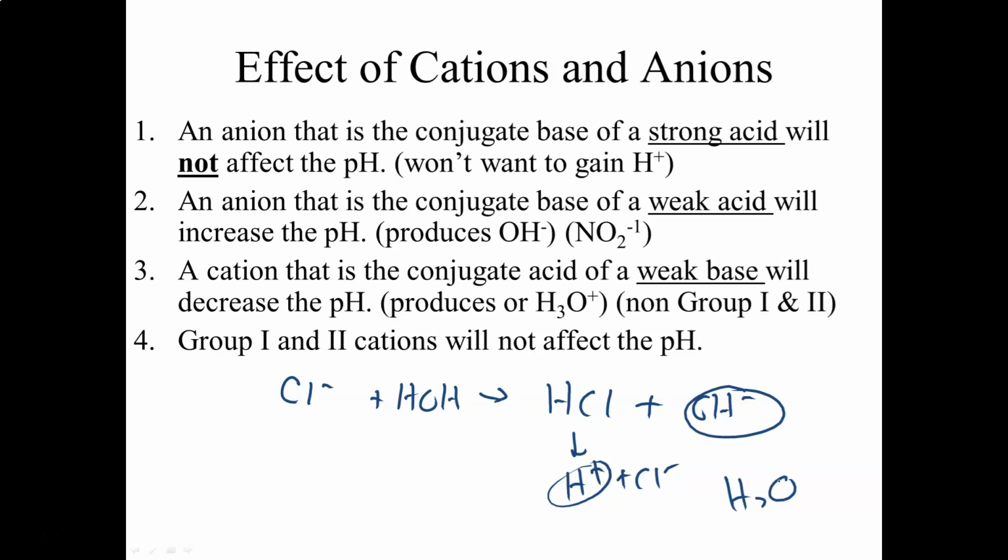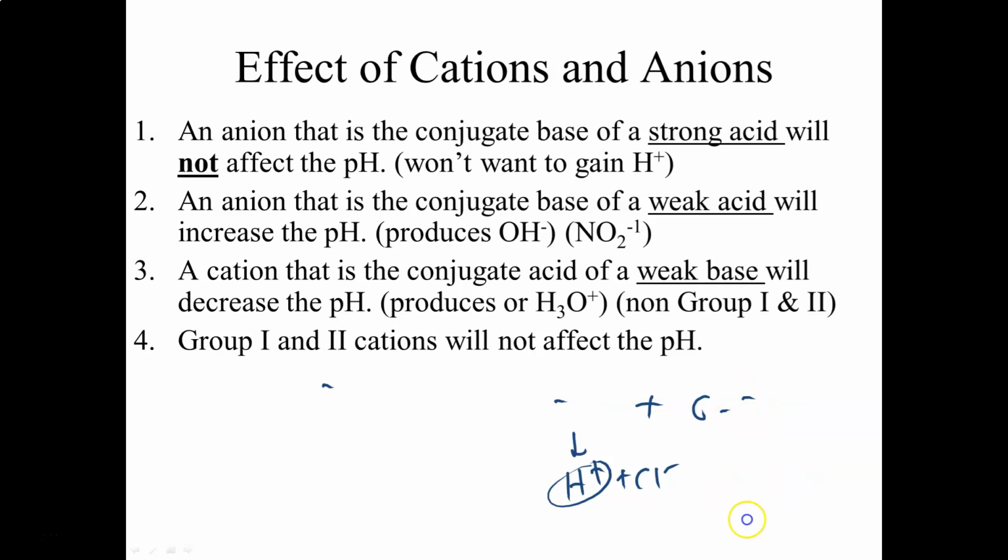So there's no way this hydrogen and this chloride are going to come back together, because HCl is a strong acid, and the definition of that is it wants to dissociate completely in water.